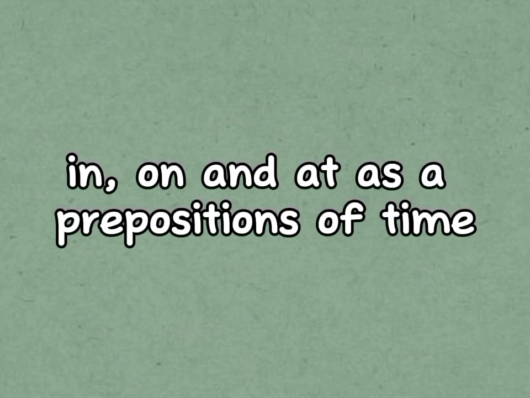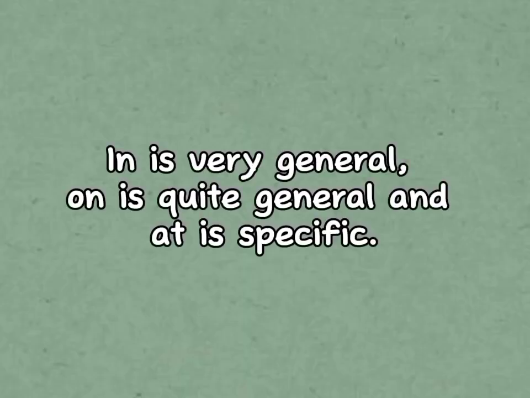Let's start with in, on, and at as prepositions of time. In is very general, on is quite general, and at is specific. Let's take a look at in first.